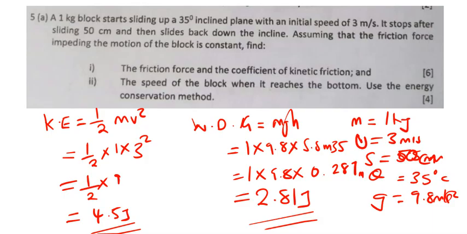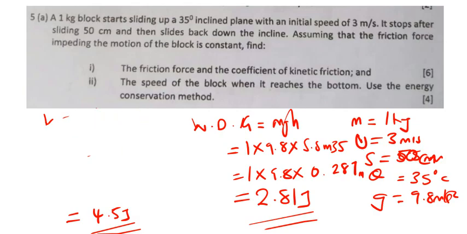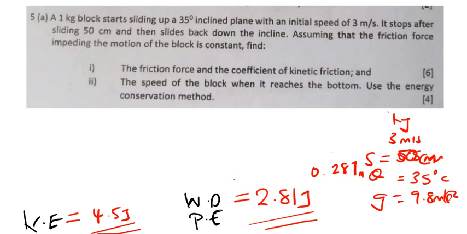Now that we found the work done against gravity, let's find the energy that is available. Allow me to wrap this part. We said this is the kinetic energy initially, and this is the work done, or the potential energy, due to height. Now how are we going to find the energy that was lost?